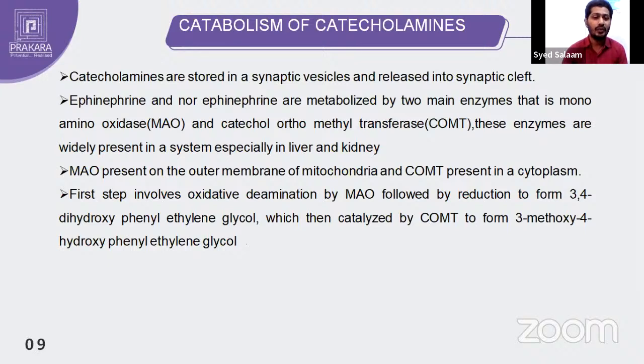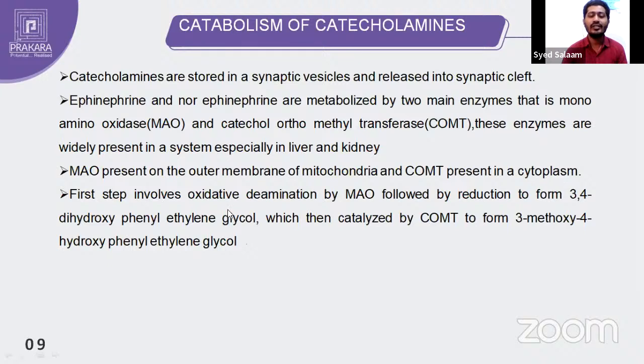These two enzymes help convert them into removable forms. This metabolism usually occurs in the liver and kidney. Monoamine oxidase is present in the outer membrane of mitochondria and catechol orthomethyl transferase is present in the cytoplasm.